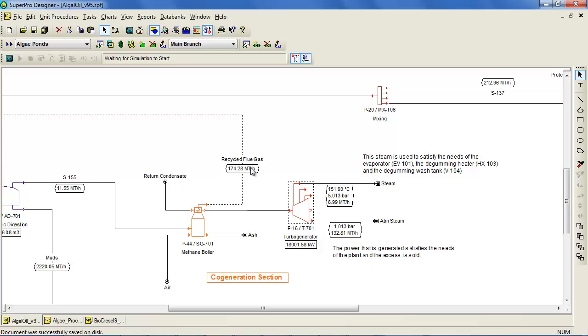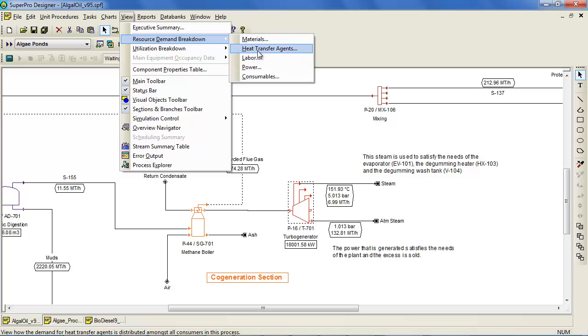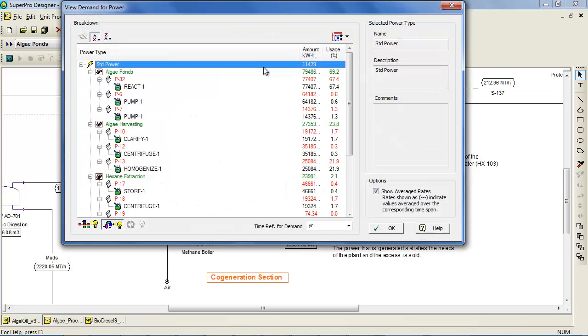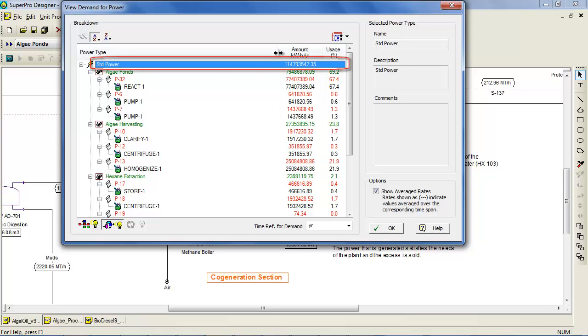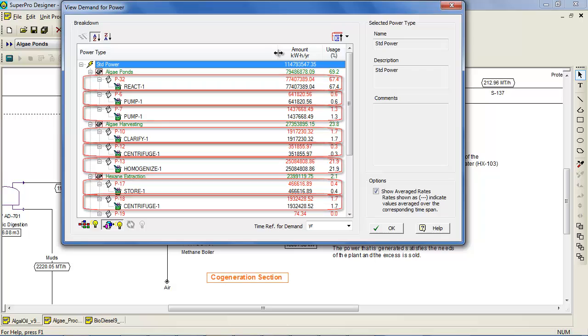The electricity demand for this process can be viewed by selecting the Resource Demand chart for power. This screen shows the standard power electricity usage associated with the overall process, the individual sections, and each individual procedure within the model.